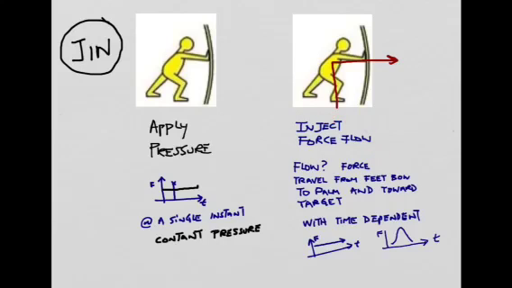Okay. So what is this? Is it really flow? You know, like can force flow? Now, what happens is this: force travels from the feet balls to the palm and toward the target, which is what people usually do when issuing force flow. And it is actually time dependent.